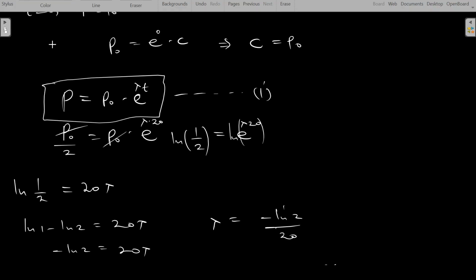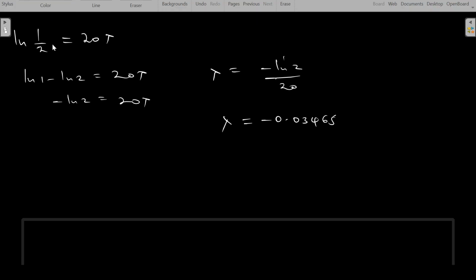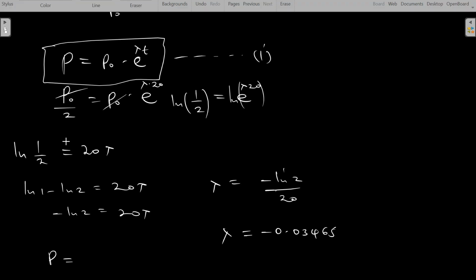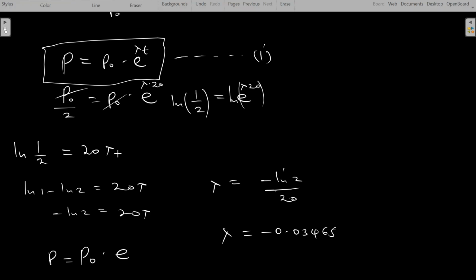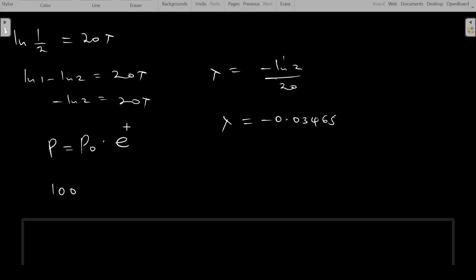Okay, so this is our general solution. After a certain period of time, P equals P0 multiplied by e raised to lambda t. From this one, P represents the remaining sample of the radioactive material, which is 100 milligrams that have remained.